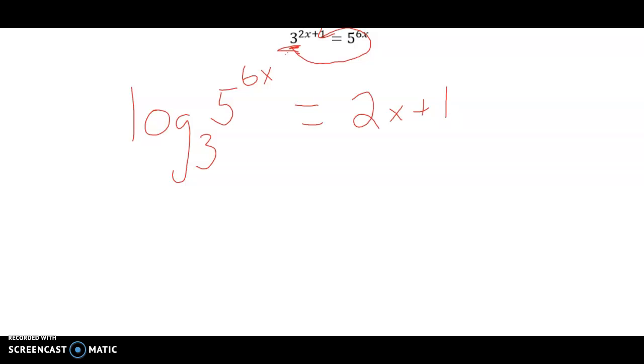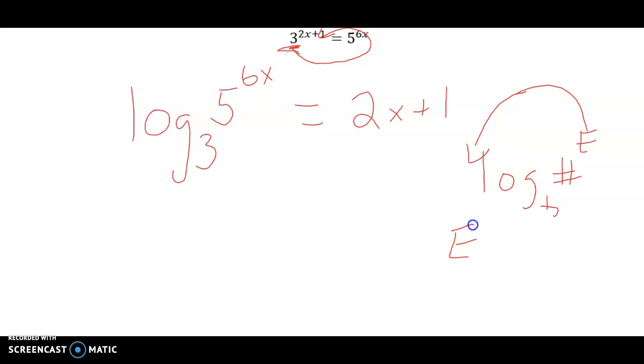If you remember from the first video about the exponent properties, there was a nice property of logs: if you have the log of any base of any number raised to an exponent, you can take that exponent and bring it down to the front.